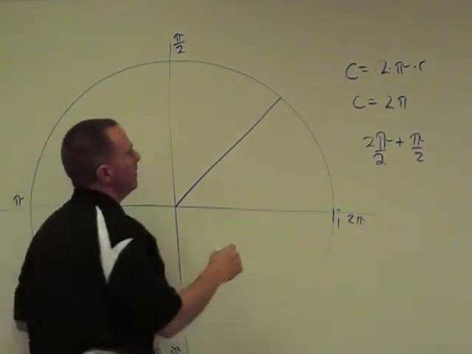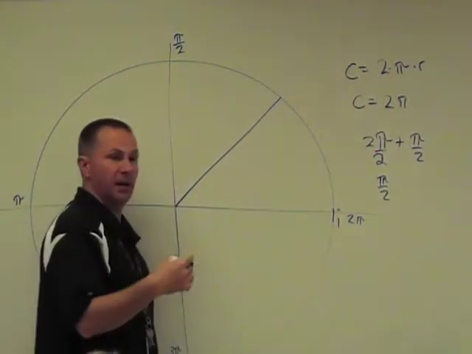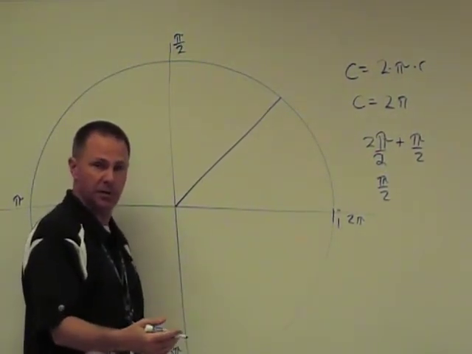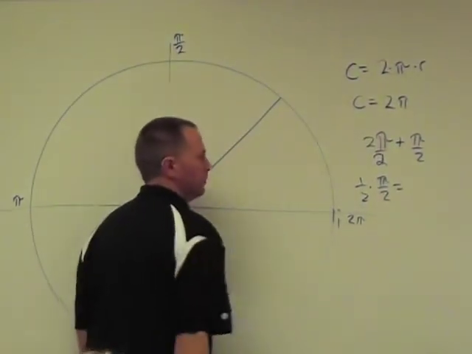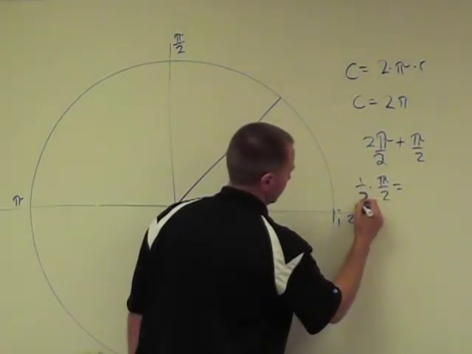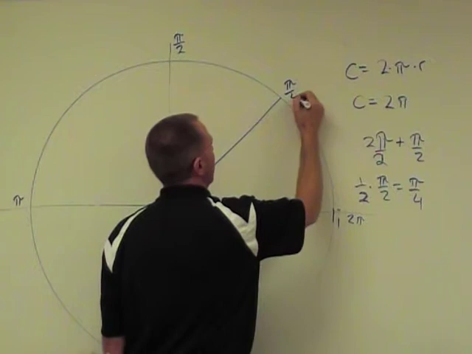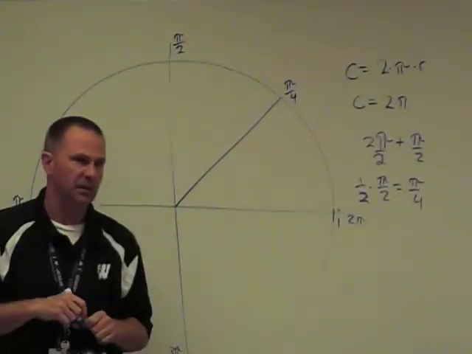So how do we do that? You can do half of 90 degrees, which is half of pi over 2. Of means multiplication, right? 1/2 of pi over 2 is pi over 4.